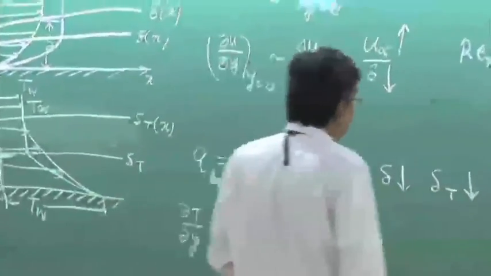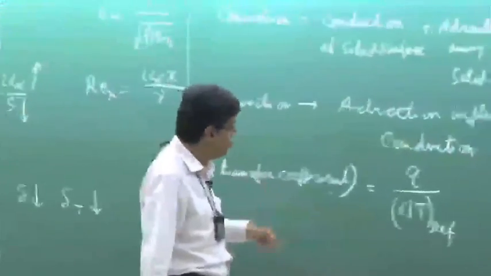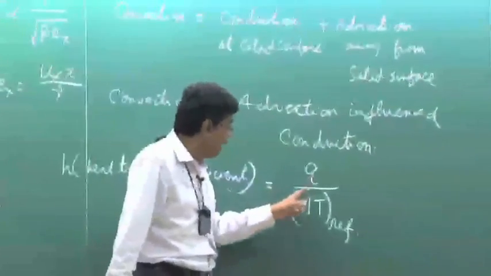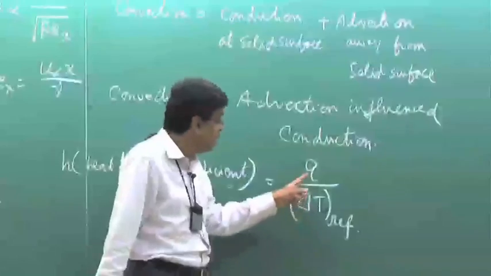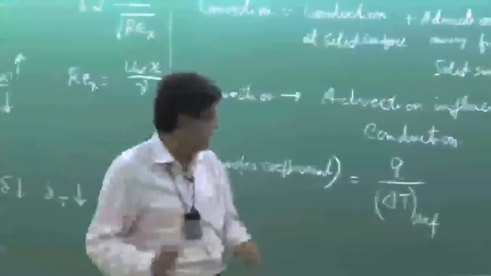In a similar way, the heat transfer coefficient is Q by delta T reference. This Q is the heat flux and delta T reference is a reference temperature difference.